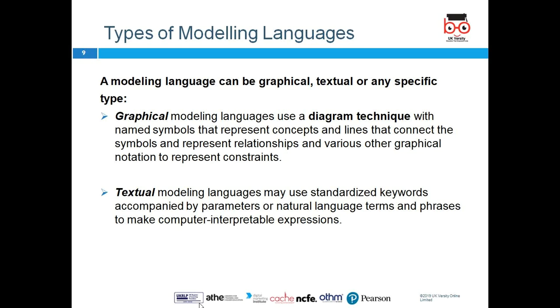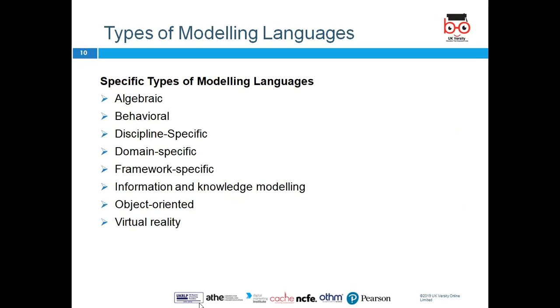Correct. Then apart from the graphical and the textual, there also exist some specific types of modeling languages, like algebraic. Algebraic maybe, you are not using any graph or any language; maybe you could use symbols.